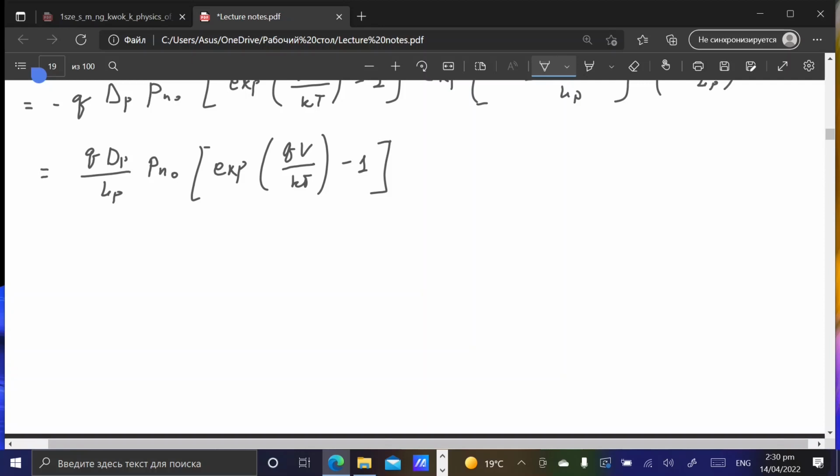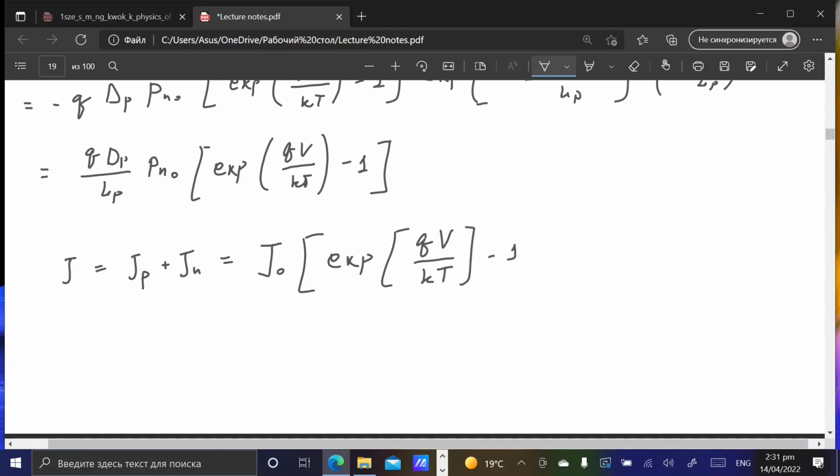So it will be written as J equal to JP plus JN, which is equal to J0, the so-called saturation current, times exponent of (Q times V divided by KT) minus unity.